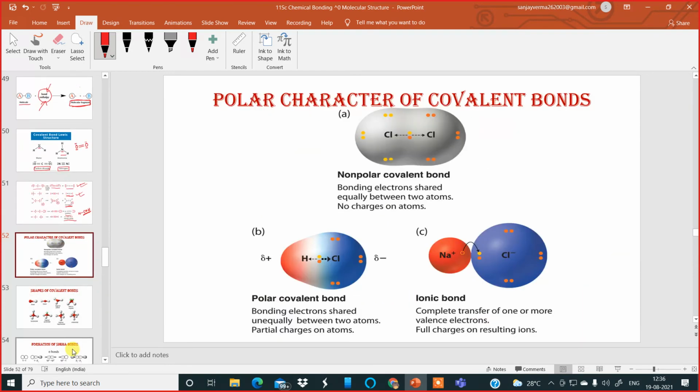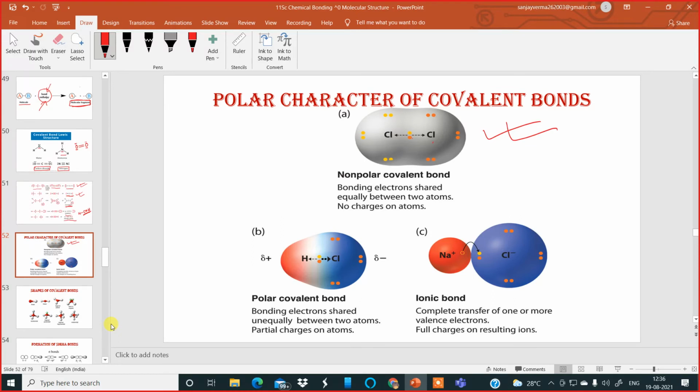Now, moving to the next subtopic in this chapter under the heading covalent compounds, polar character of covalent bonds. If you look at this chlorine molecule over here, these chlorine atoms are equally electronegative. These two electrons present are exactly in the center, equally distributed between the two chlorine atoms.